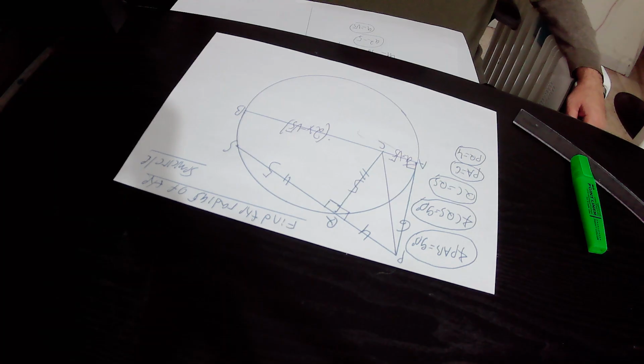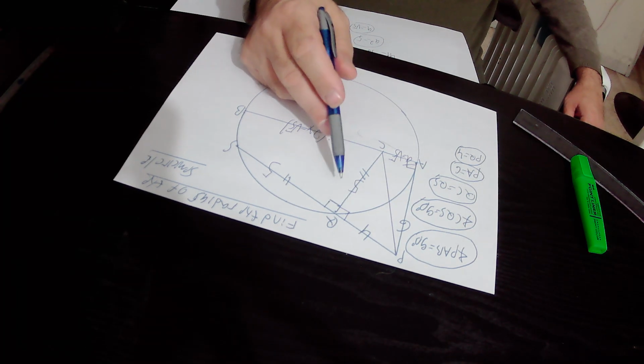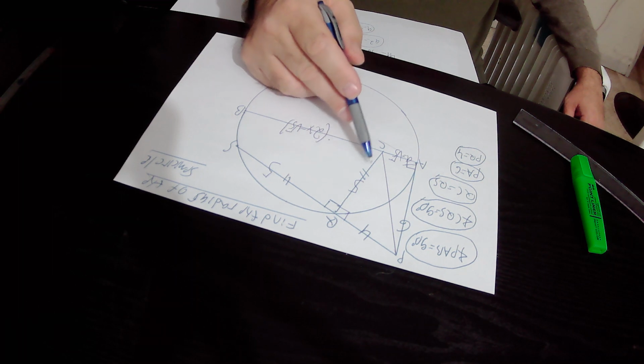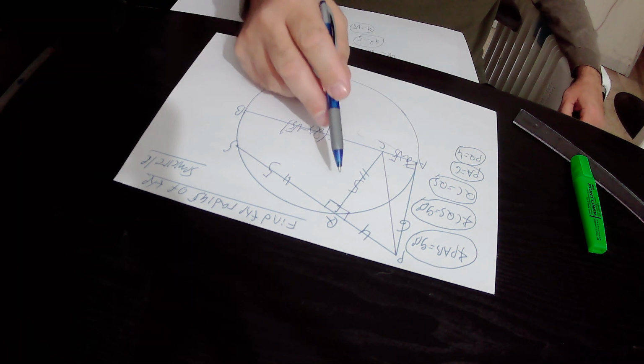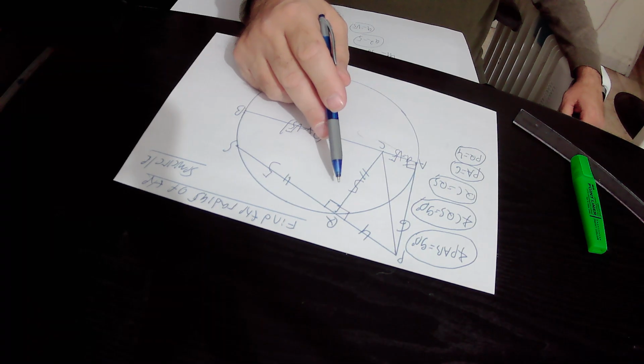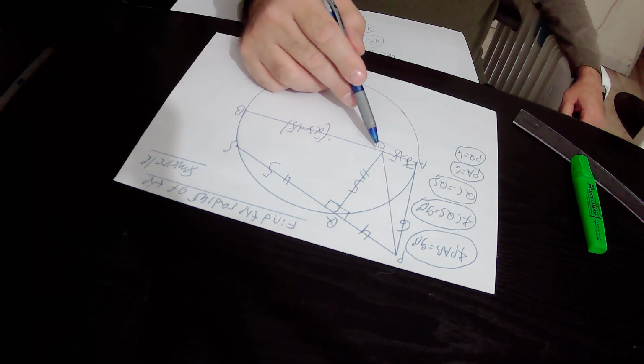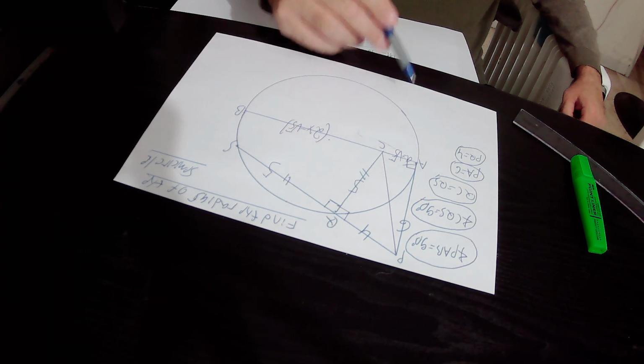In the next step, we will extend QC by a straight line until it touches the circle. Again, we will extend side QC by a straight line until it touches the circle.